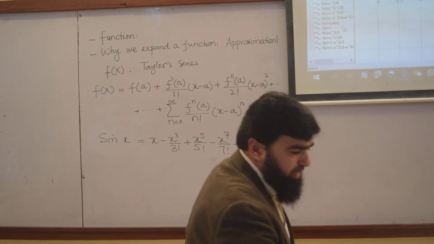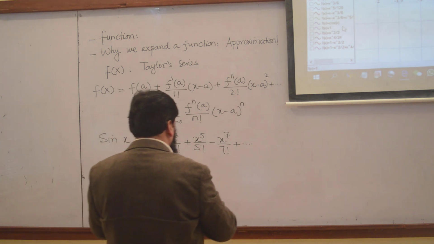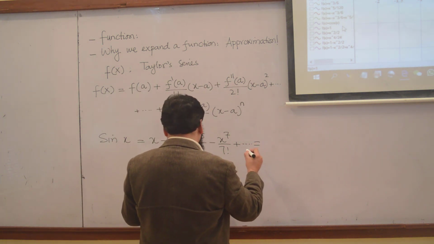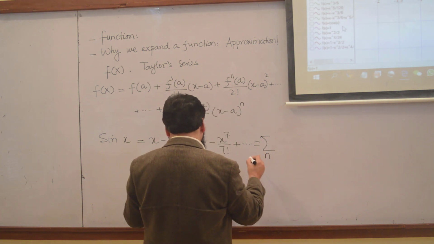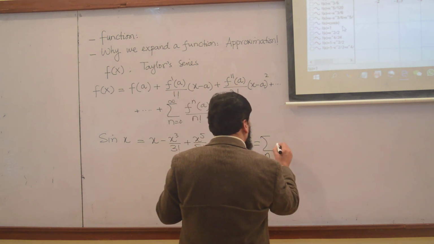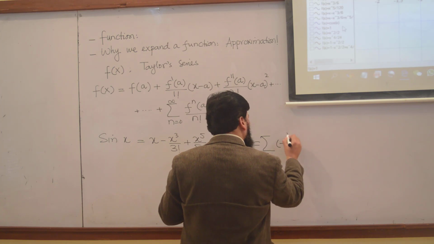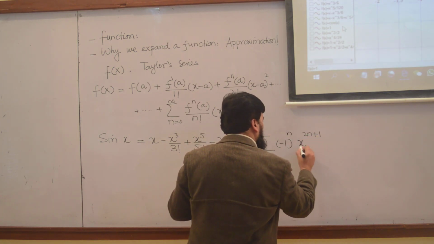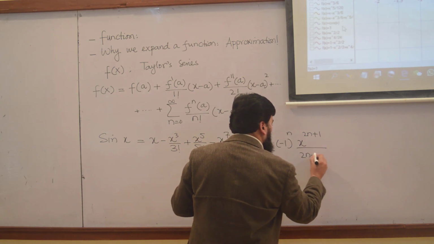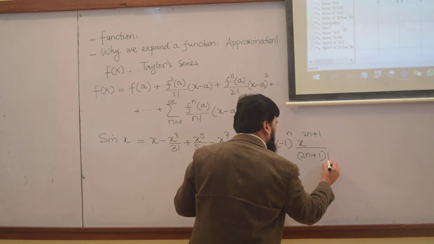And the nth term I will have is equal to summation on n of minus 1 to the power n x to the power 2n plus 1 divided by 2n plus 1 factorial.